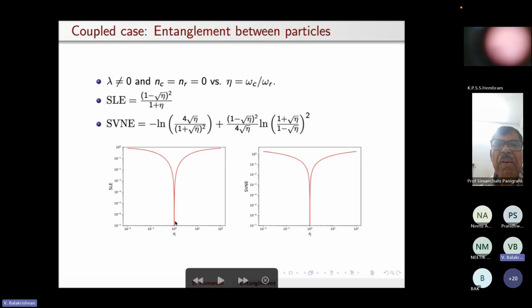So both SLE and SVNE diverge, or do not have any sensitivity to the state characterized by a set of quantum numbers, if you do not localize both the center of mass and the relative oscillators. Now, in the case of the hydrogen atom, or in the case of the deuteron, the relative solution is always localized, but the center of mass is not. But the take-home lesson is that one has to work with a localized center of mass.